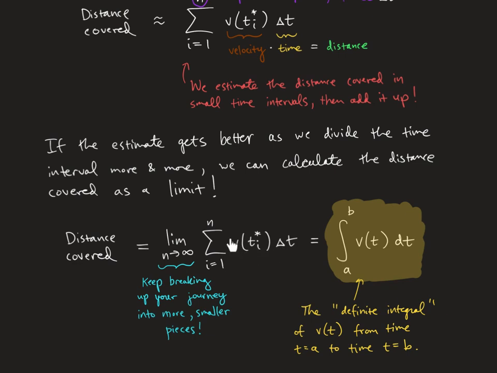And so you estimate the distance covered over small time intervals, and you add up all of those distances to get an estimate of the full distance covered. And then to get an exact answer, you take the limit as the number of subdivisions becomes larger and larger so that your approximation becomes better and better. The velocity becomes more and more constant over those very tiny time intervals. And in the limit, you recover the full distance that was covered on the journey. And that's called the definite integral.